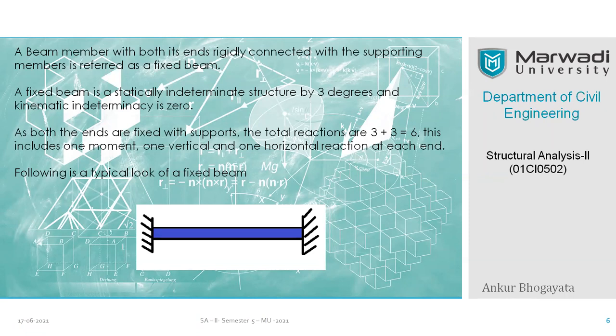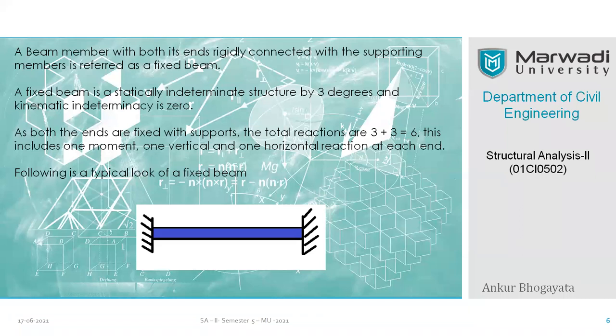That means the beam is not free to move in any direction, neither at the support nor throughout the span practically. However, there is always a deflection possible at the ends as well as in the span, so we'll keep this factor aside.